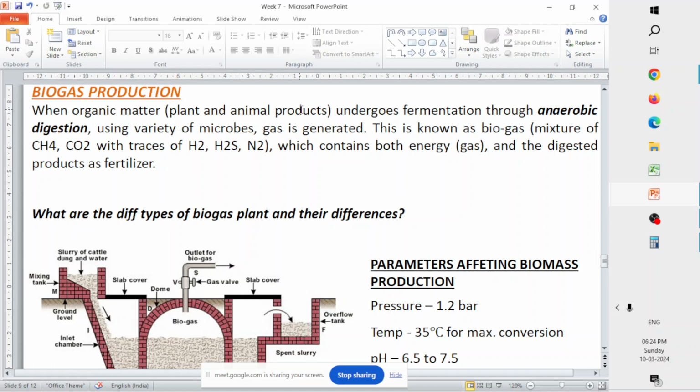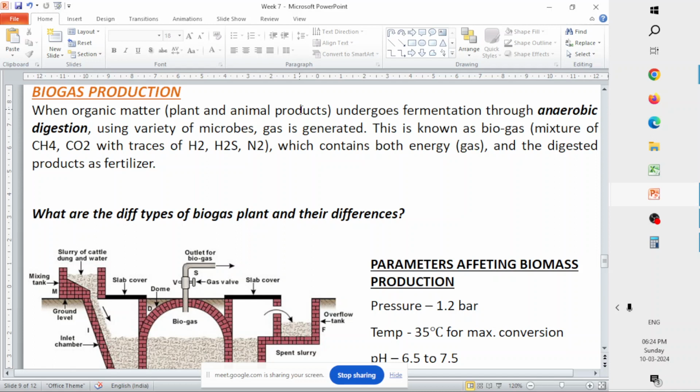So this process occurs continuously, whereas in a batch type, you feed the slurry once, the entire digestion happens, and the gas is let out. Here there is a continuous feed as well as removal of the gas from your digester. So this is the difference between the batch type and the continuous type.